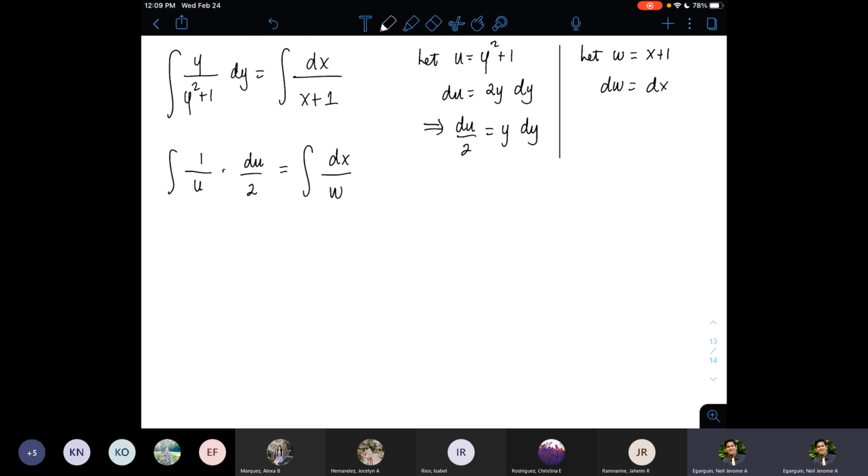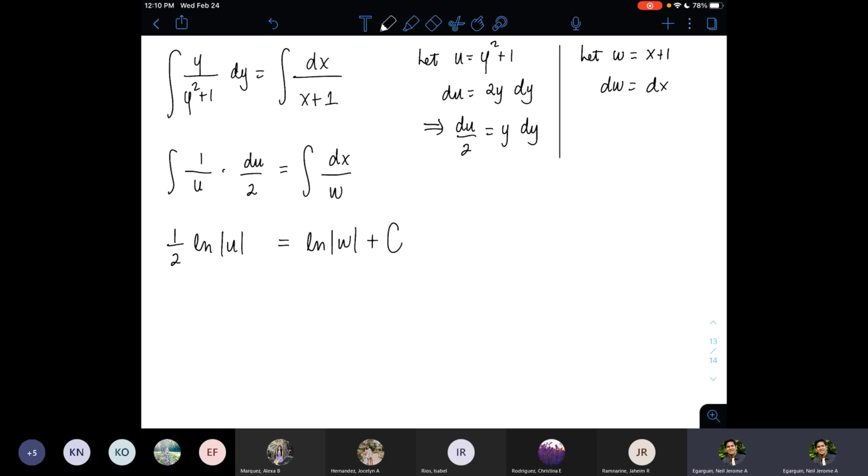So the integral on the left can be reduced to 1/2 ln of the absolute value of u. Supposedly there's an arbitrary constant over there, but I'll worry about that later. And then the right-hand side is ln of the absolute value of w, and then I'll have the arbitrary constant c. This is a usual thing for brevity of notation.